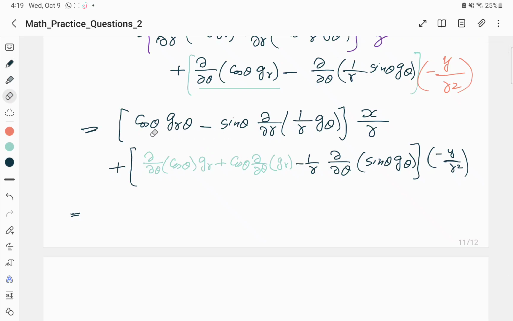Now we further apply simplifications over here in the first one. So this is cos theta g r theta, negative sine theta. After negative sine theta we have two functions, we have 1 over r and g theta, and they both depend upon r, and we have to take the derivative with the product rule. So I will take the derivative directly.